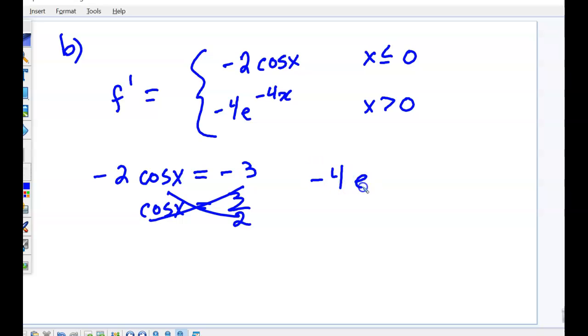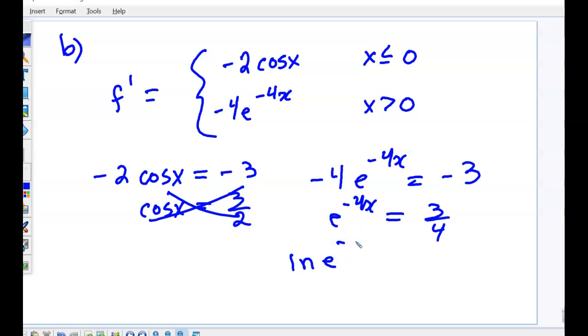So taking my second derivative and setting it equal to negative 3, again, I'll divide both sides by negative 4. Now I'm back to solving an exponential equation, so I'm going to take the natural log of each side.